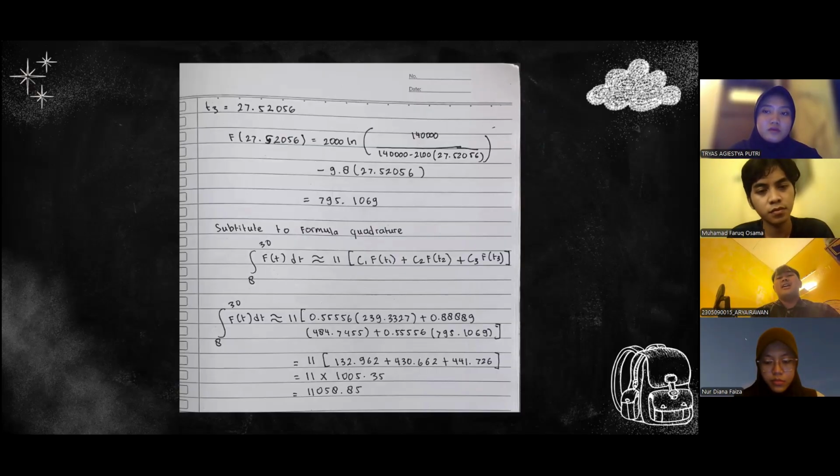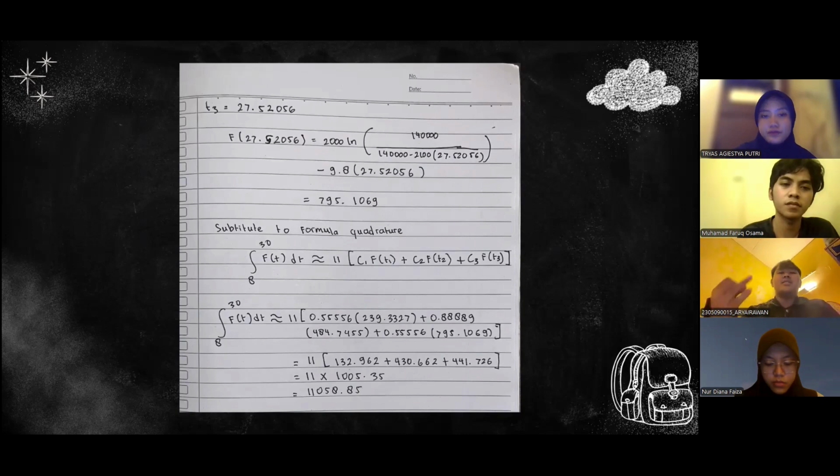So the result is 795.1069. After we have the function of t1, t2, and t3, we can substitute to the formula of Gauss quadrature.